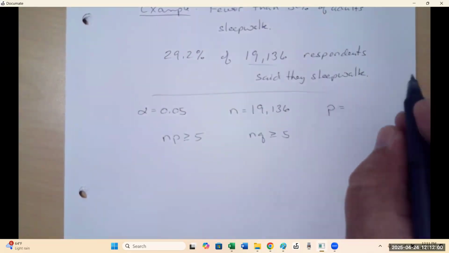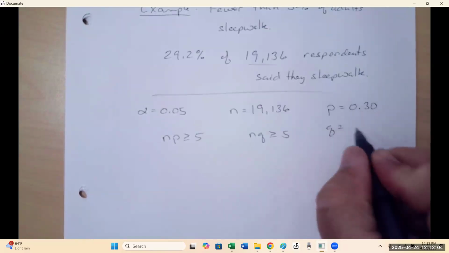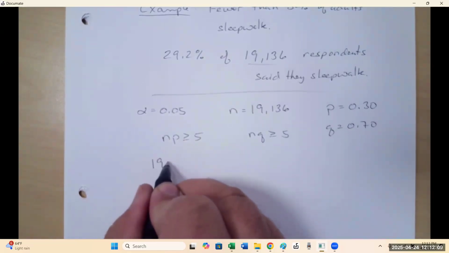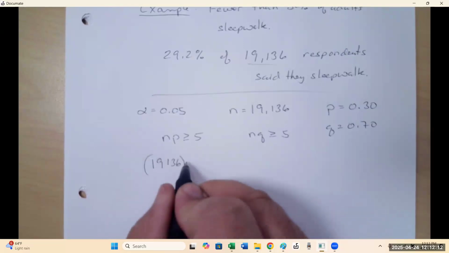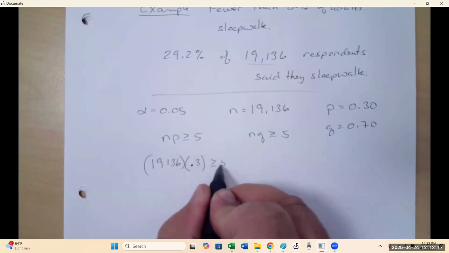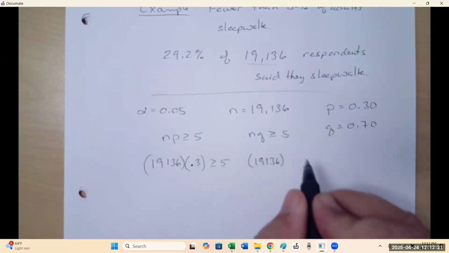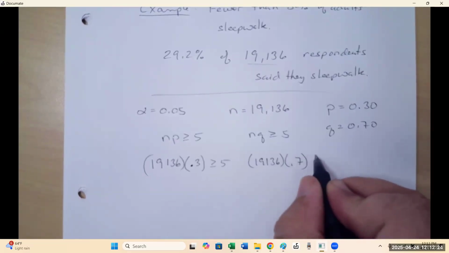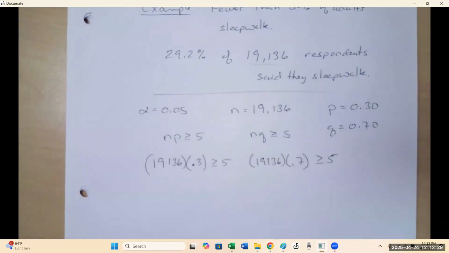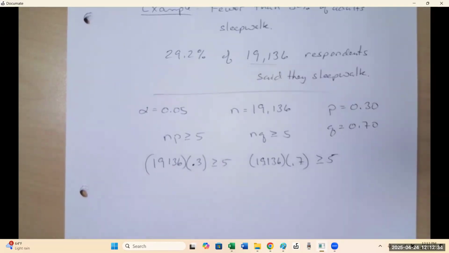P is 30% or 0.3, so Q is 0.7. So 19,136 times 0.3, and 19,136 times 0.7, is that greater than 5? Well, yeah, 70% of N is bigger than 5, and 30% is too. So those are going to be good answers.